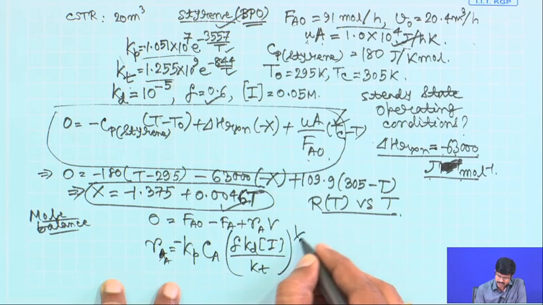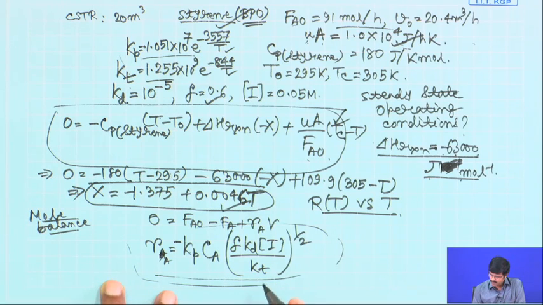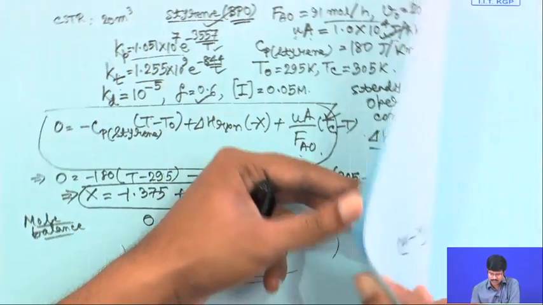This is something that we had derived before, right at the start of the discussion of the radical polymerizations. So, this is the expression that you can use in this equation.